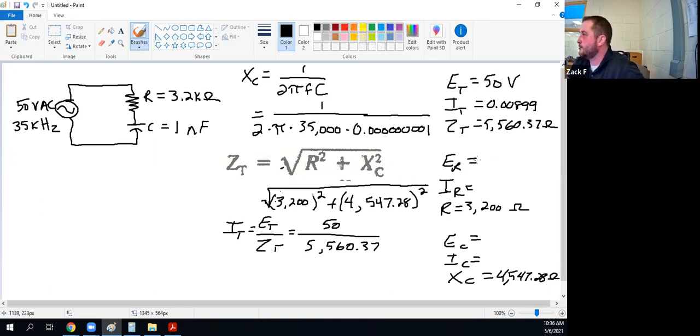Series circuit, right? So I total equals IR equals IC.